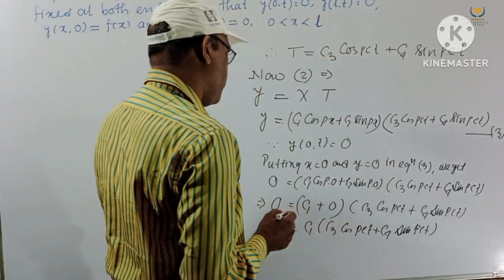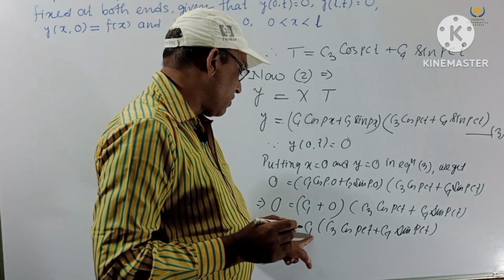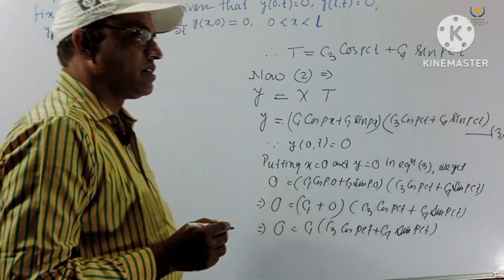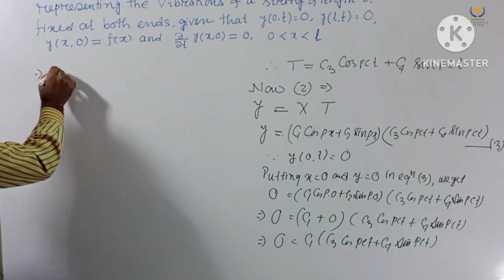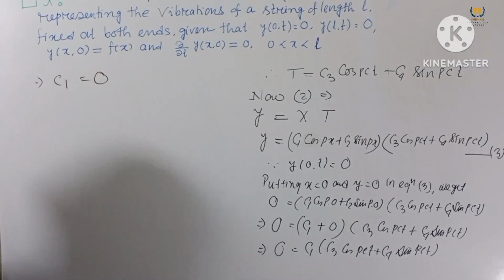If we solve this, then c1 equal to 0, because this cannot be 0. This implies c1 equal to 0.